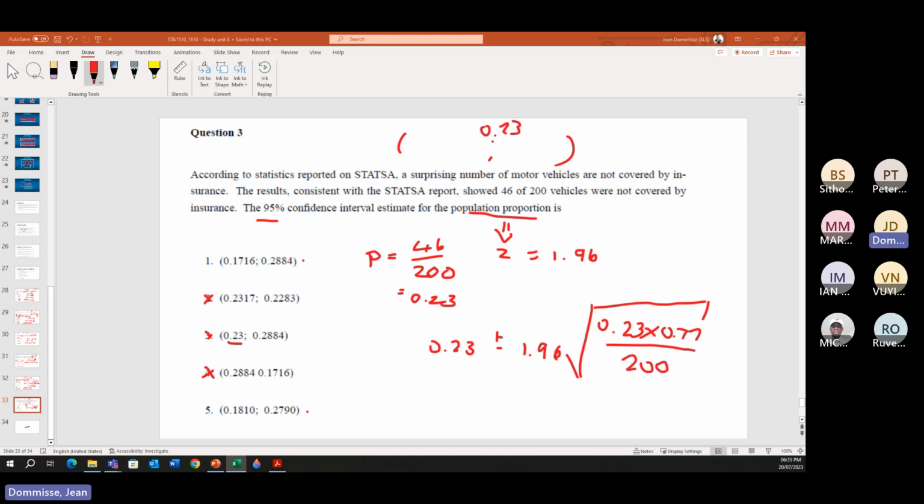Then let me just check. 0.23 times 0.77 divided by 200 gives me 0.039.